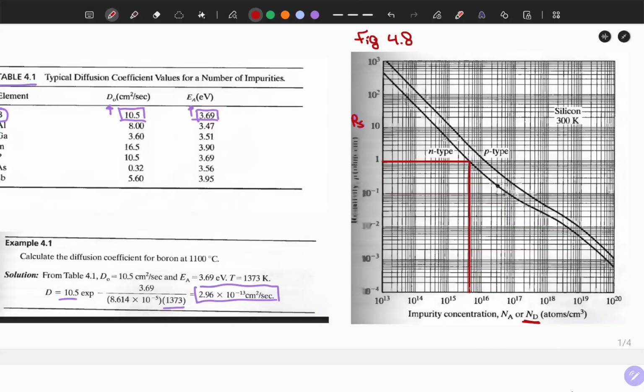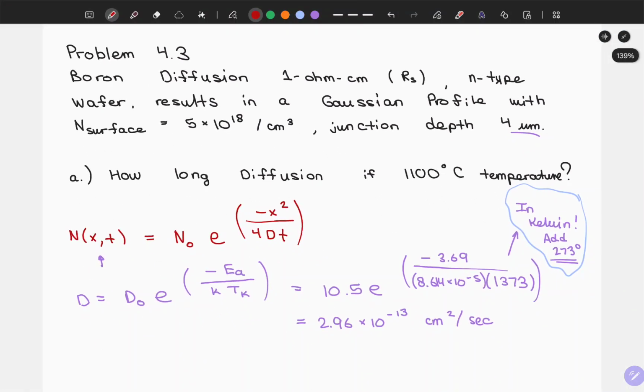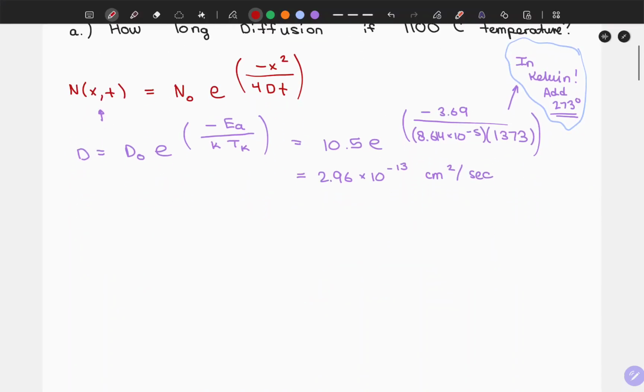So if we follow the chart down, right, we get 1, 2, 3, 4 times 10 to the 15th of our donor impurity concentration. Why is it donor? Well, because we know it's an N-type wafer, meaning boron, which is at the third row in the periodic table, is a p-type dopant, meaning it takes an electron and donates a hole.